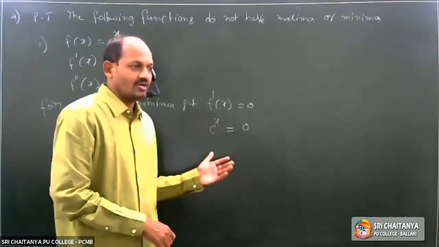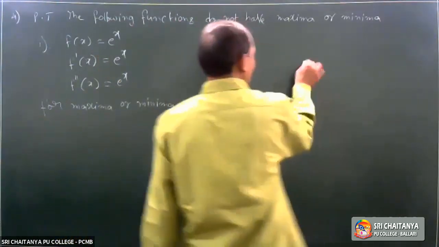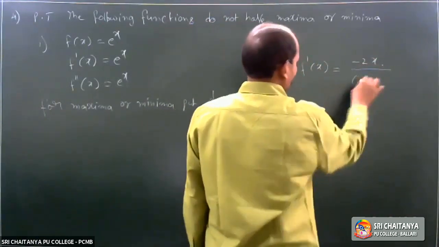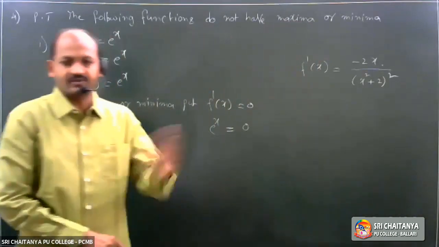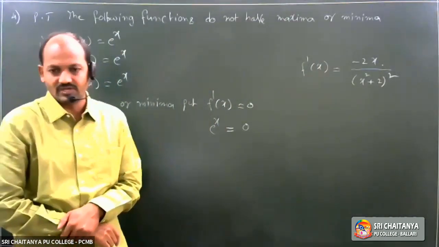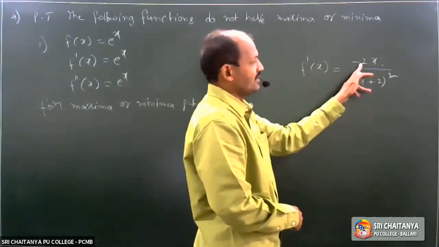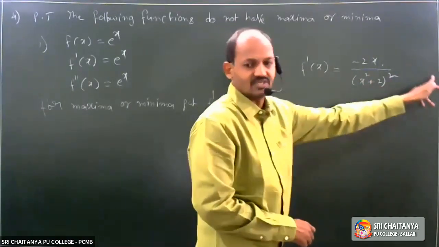In case you have any doubts, first observe that previous question. The first derivative f dash of x, we get minus 2x divided by x square plus 2 whole square. So there, first derivative equal to 0 gives minus 2x divided by x square plus 2 whole square equal to 0.